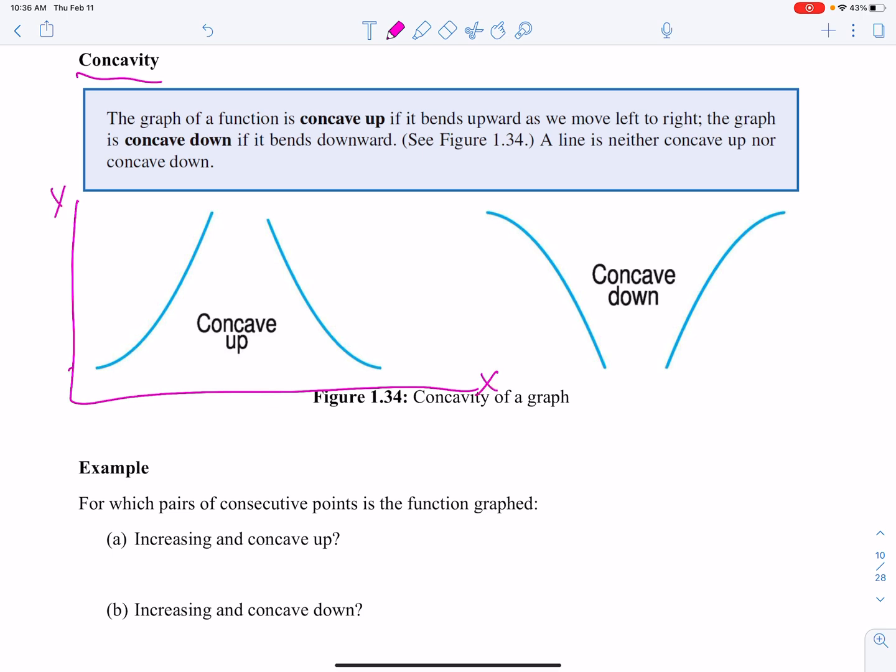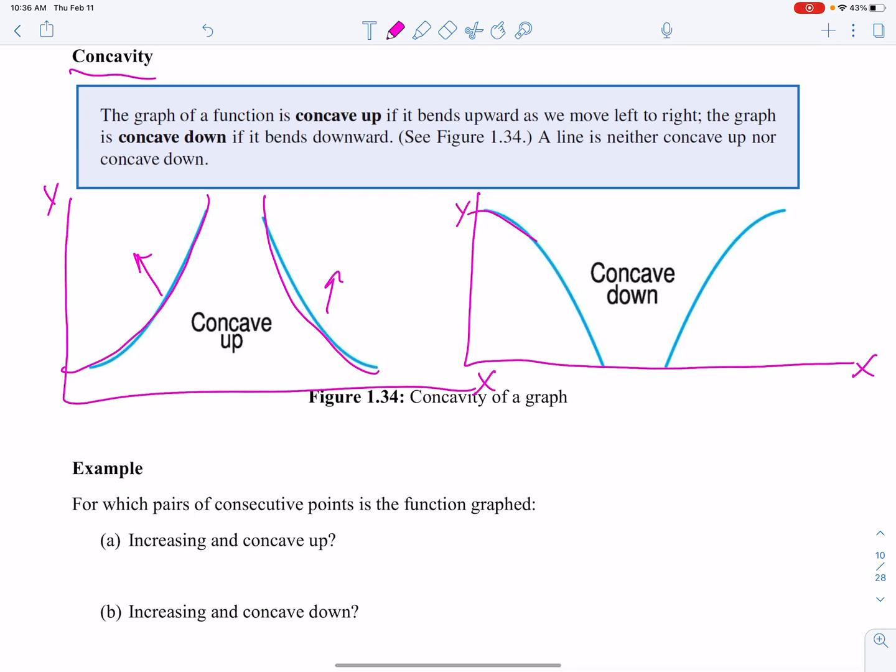If your graph is shaped like this, if the curvature faces upward, right, that's concave up, okay? And of course, same thing over here. Here's the x-axis, here's the y-axis. In this one, the curvature is facing down, right, on each of these, okay? So that's concave down.